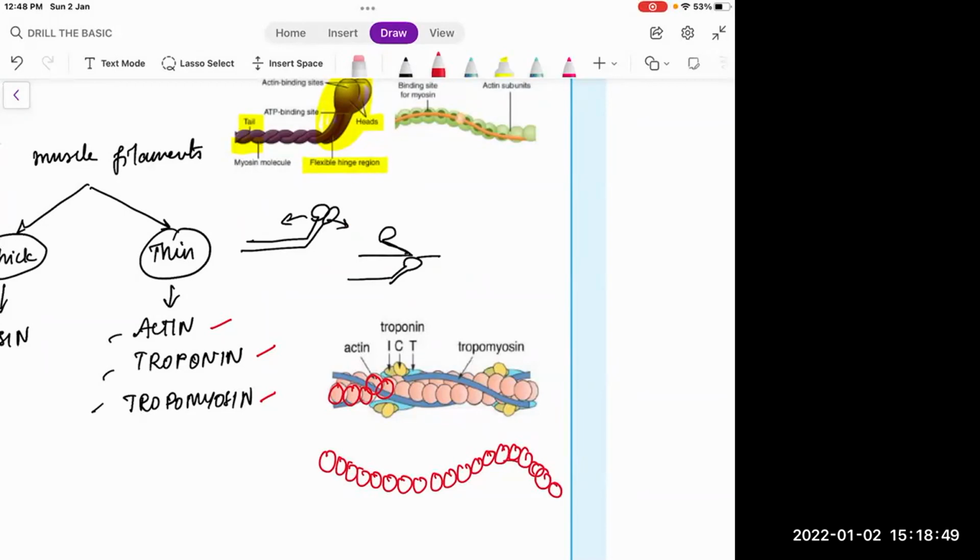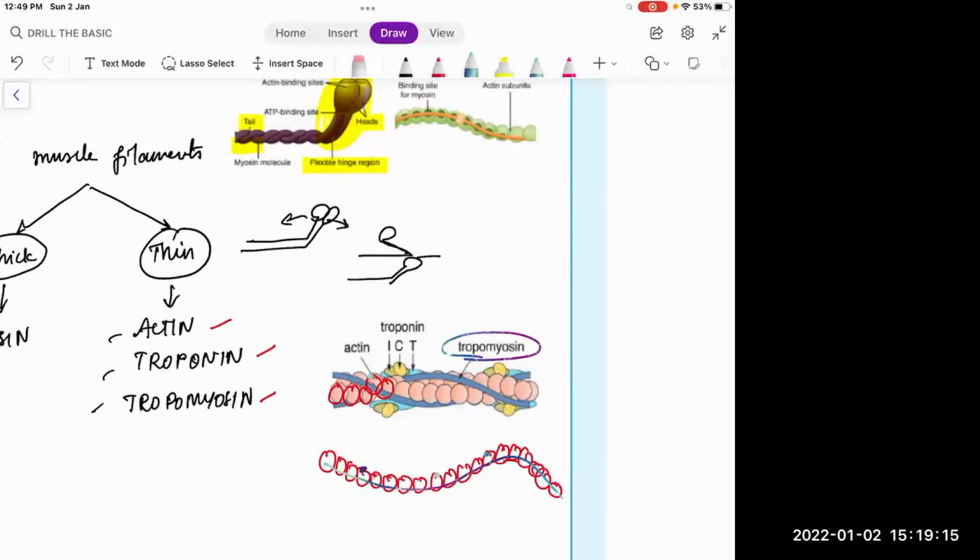So in order to maintain the stability, a thread-like structure will follow the actin, that is called tropomyosin.